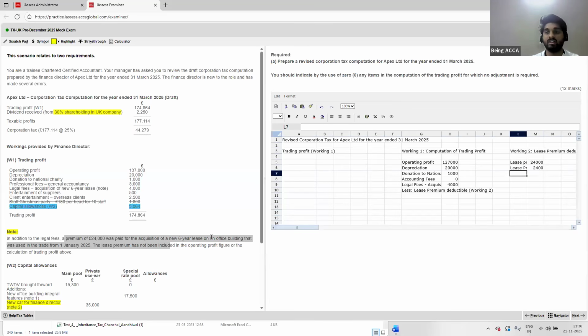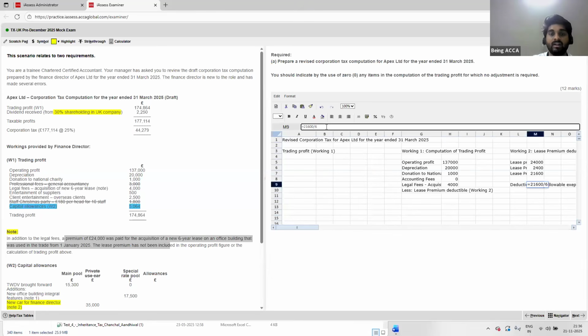So the lease premium deductible is 2,400, giving us the lease premium taxable at this minus this amount, giving us 21,600. Now the deduction that we take, the allowable expenditure, would be 21,600 divided by the number of years of the lease, 6, and this will give us the per annum deductible cost.